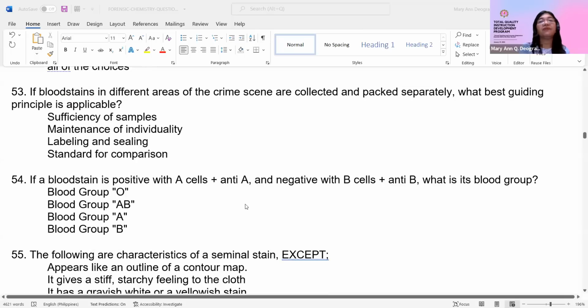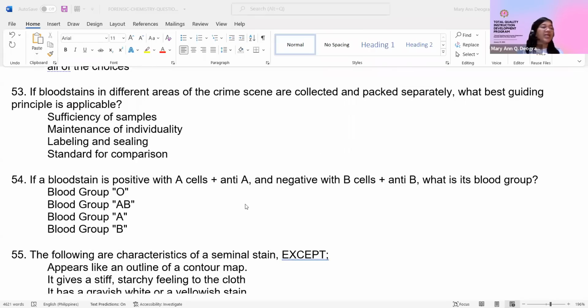Alright, number 54. If a blood stain is positive with A cells and then negative with B cells, what is the blood group? O anong technique ang gagamitin nyo dito?